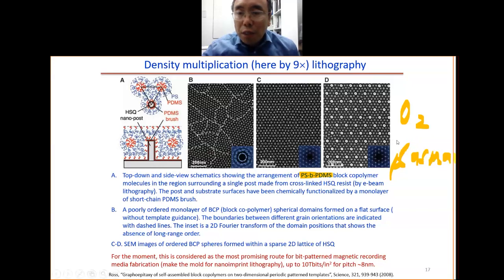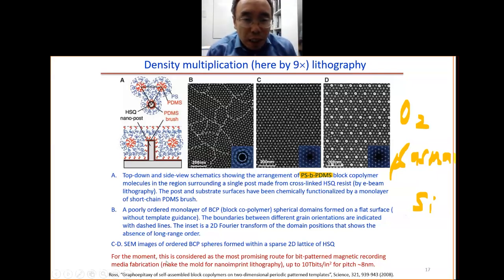The oxygen plasma can etch away the polystyrene block easily, but PDMS contains siloxane. This one contains silicon. As a result, this PDMS will not be etched away by the oxygen, but polystyrene will be etched away by the oxygen plasma. So you get these PDMS pillars together with these HSQ pillars. This way you can have very high density.